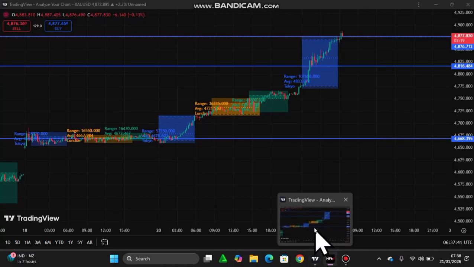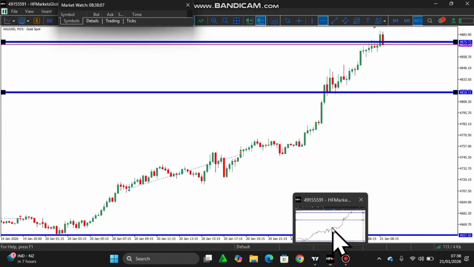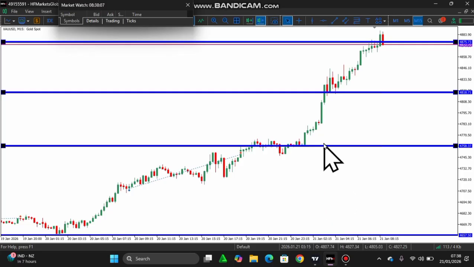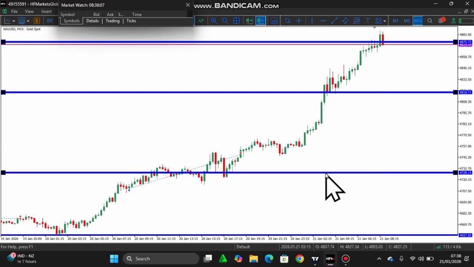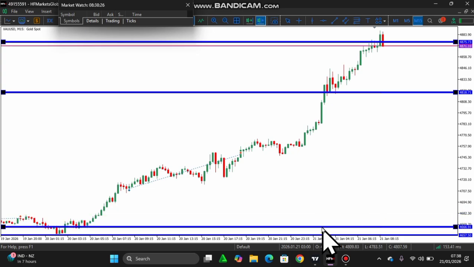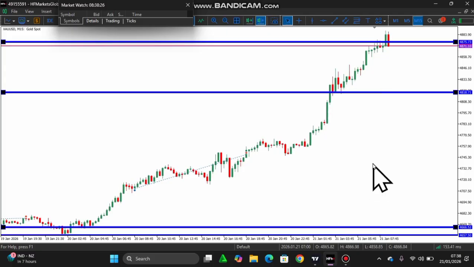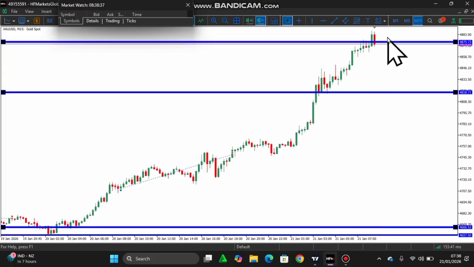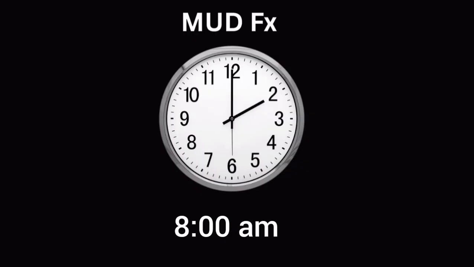Sorry, 4668. So okay, I think that should be around this zone here. Alright, so we're good. These are the three zones we'll be looking at for today, and when I execute my first trade, I'll hop on an update. Let's hope for the best.